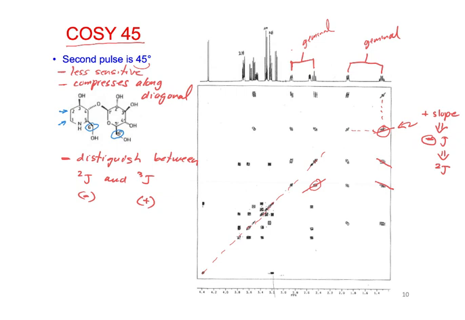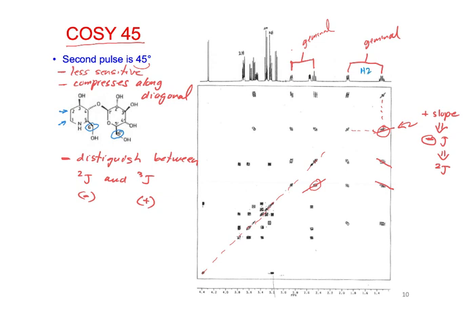But it kind of looks like, so this is the most upfield. Which do you think would be the most upfield? 2. Yeah, would be 2, right? So these should be H2.